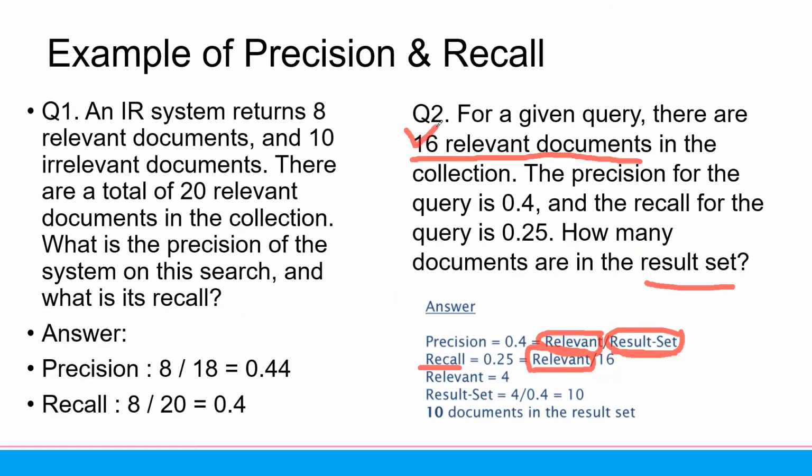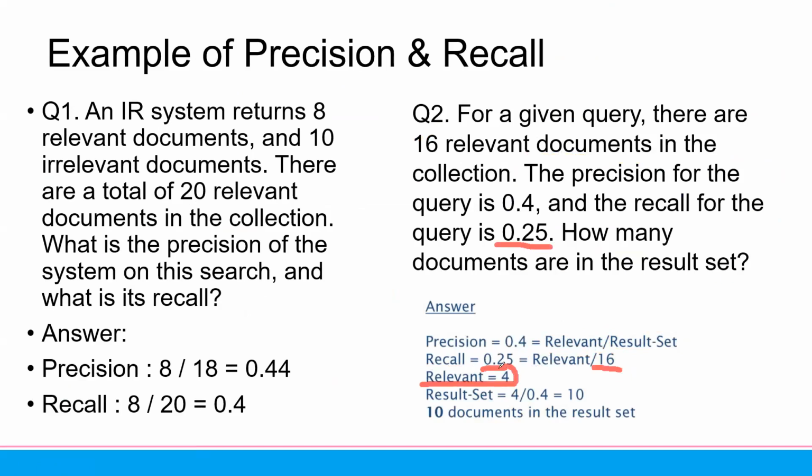The number of relevant documents is 16. Because the value of the recall is 0.25, we can know that the relevant and retrieved documents is 4, from 0.25 multiplied by 16 in this recall formula.